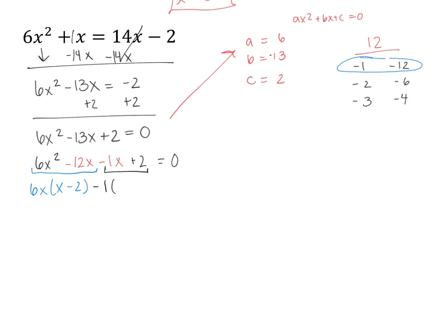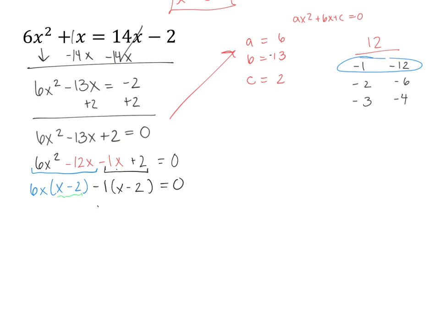Then I figure out what I multiply -1 by to get -1x, and all that's missing is the x, so I put that there. Then I need to figure out what I multiply -1 by to get +2. Remember, a negative times a negative gives you a positive, so it's going to be -2. Can't forget to keep my 0 there.